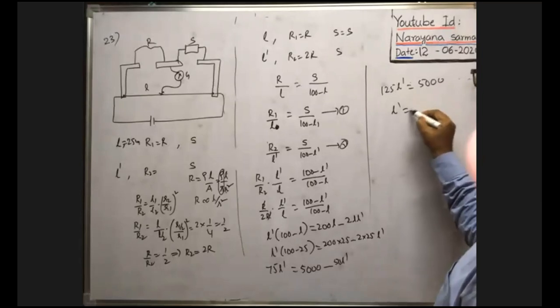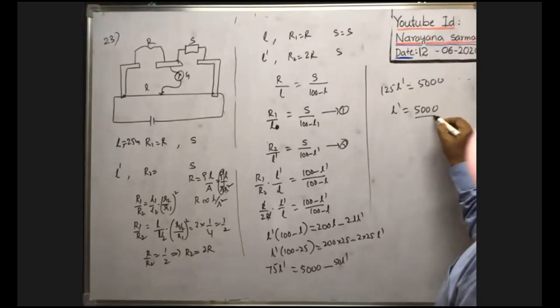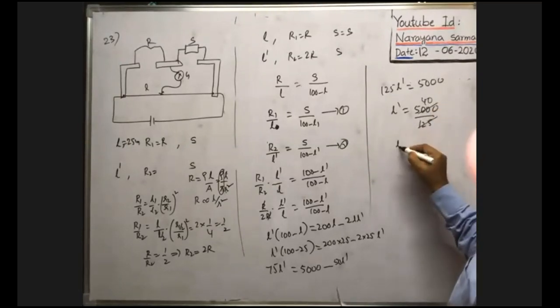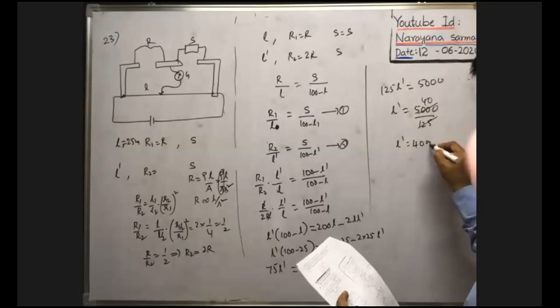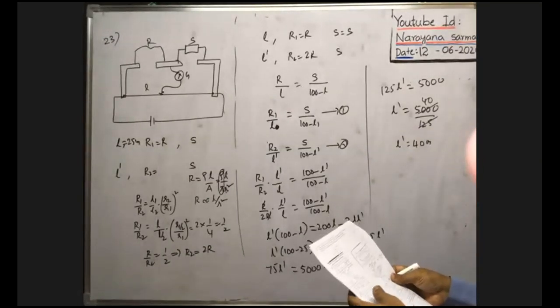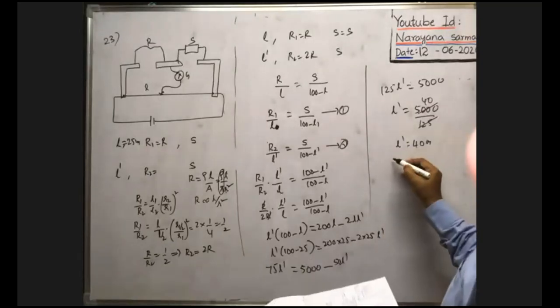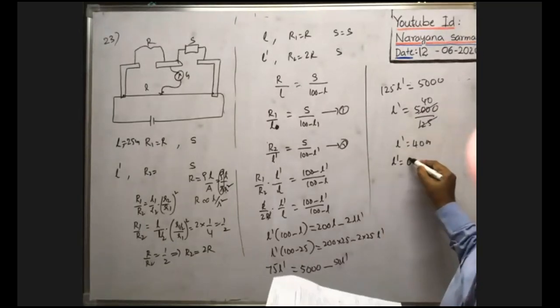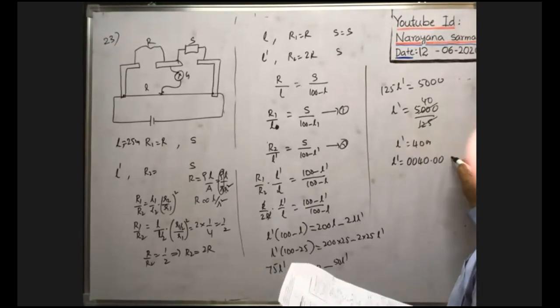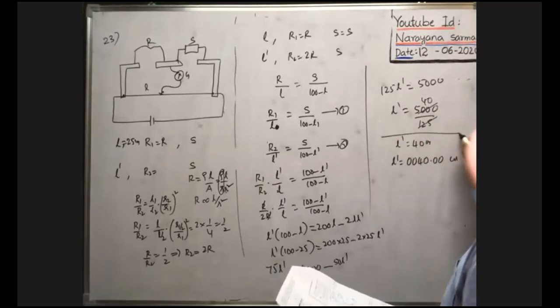So L dash is equal to 5000 by 125. 125 fours are 500, that means 40. So L dash is equal to 40 centimeter. That is the answer.